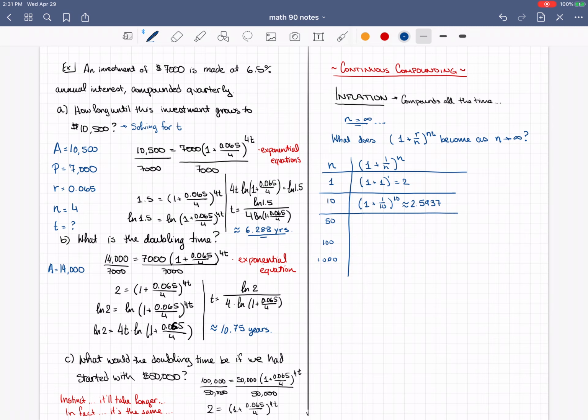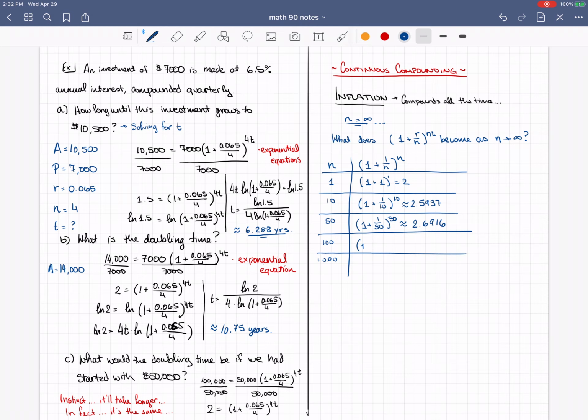Okay, let's look at 50. 1 plus 1 over 50 to the 50th power. Okay, so that's roughly 2.6916.